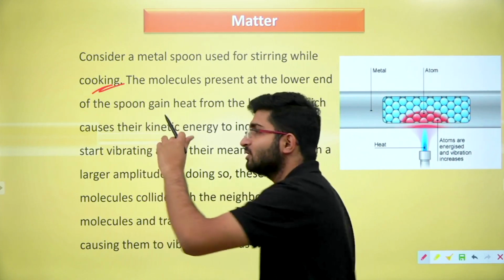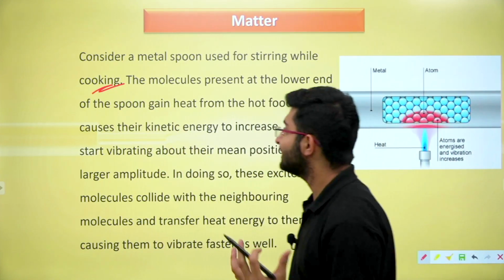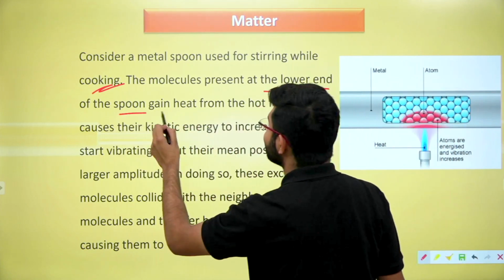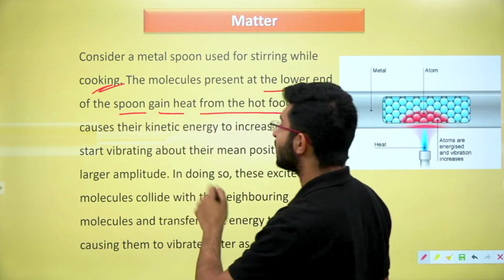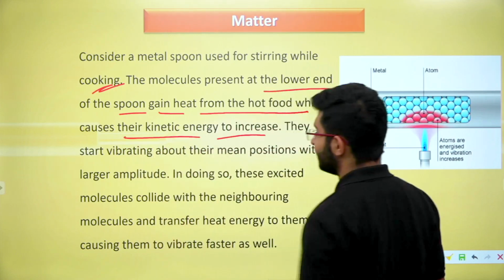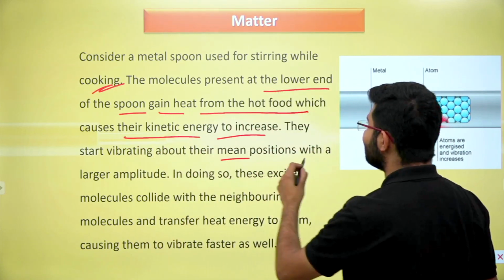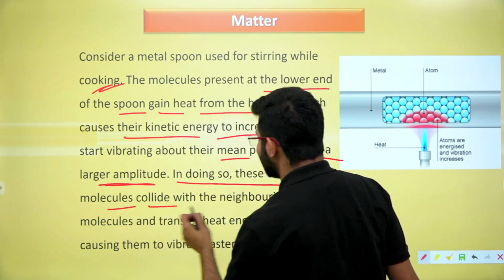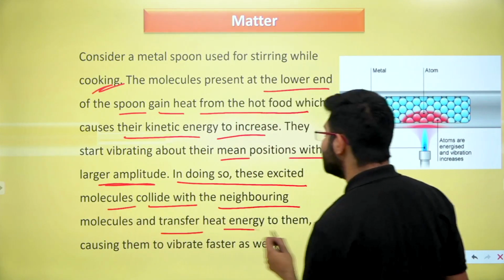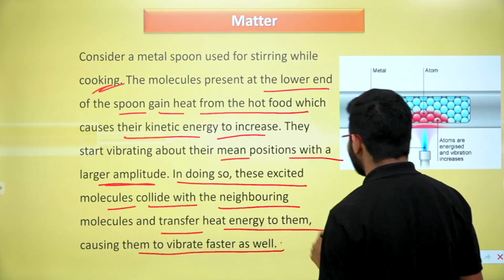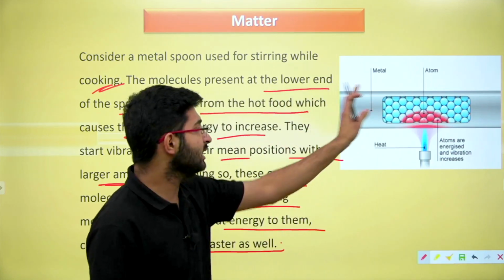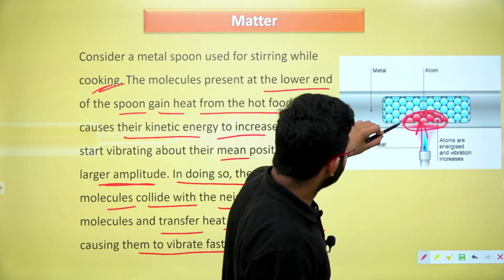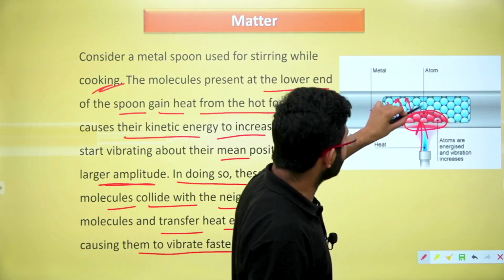The molecules present at the lower end of the spoon gain heat from the hot food, which causes their kinetic energy to increase, right? They start vibrating about their mean positions with larger amplitude. In doing so, these excited molecules collide with the neighboring molecules and transfer heat energy to them, causing them to vibrate faster as well. In this case, this is a metal, and if you are heating one side, it will transfer the heat to other molecules in the whole metal.